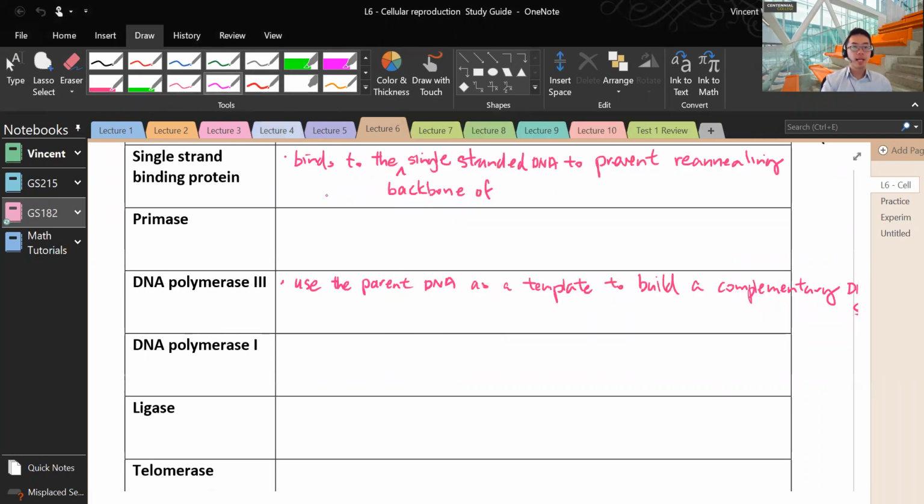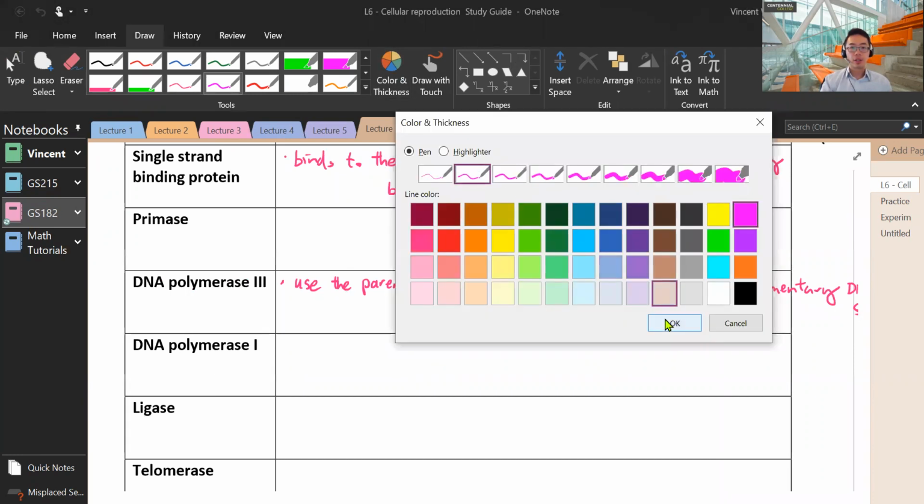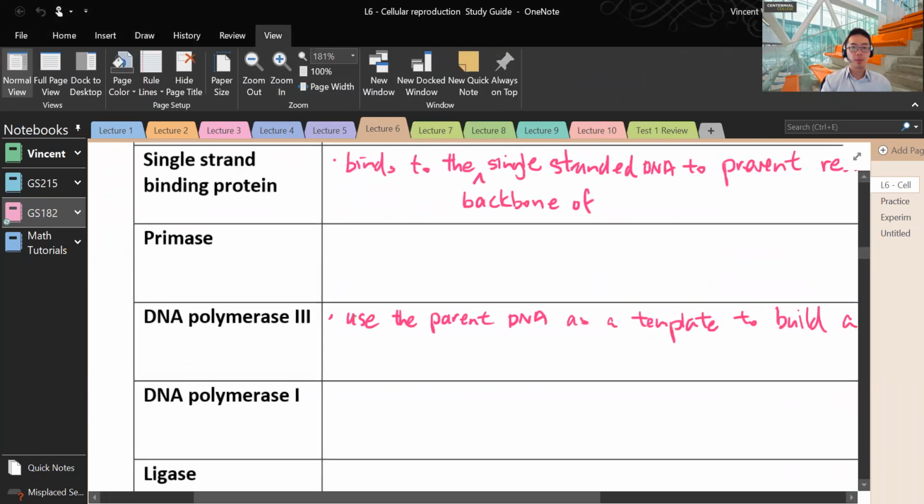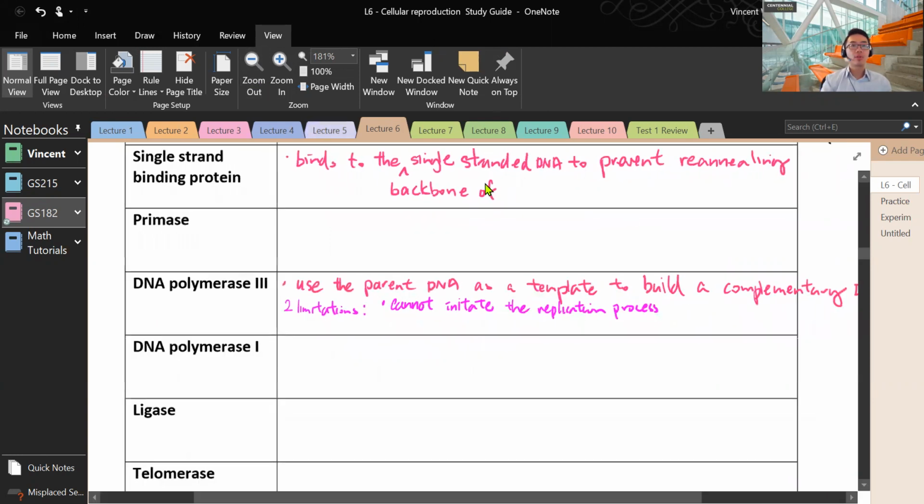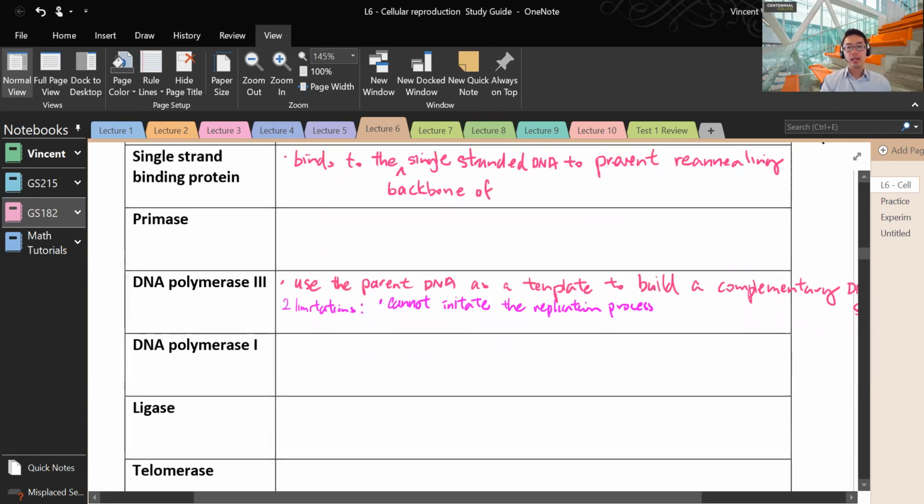So as I was saying, there are 2 limitations for DNA polymerase 3. Number 1, it cannot initiate the replication process. It doesn't know where to start. But once you start it, DNA polymerase 3 will continue, but it doesn't know how to start.